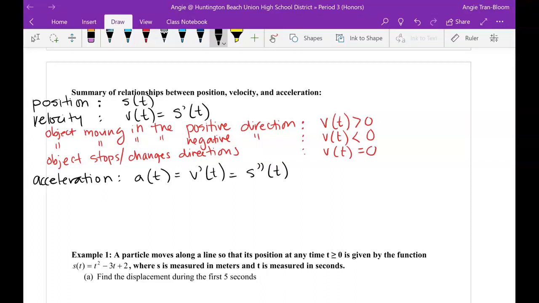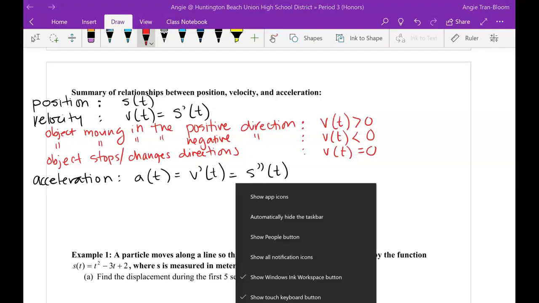Now, let's talk about what happens when a of t is greater than 0. When a of t is greater than 0, that means the accelerating force is to the right.